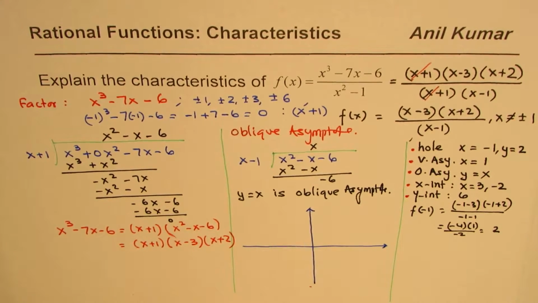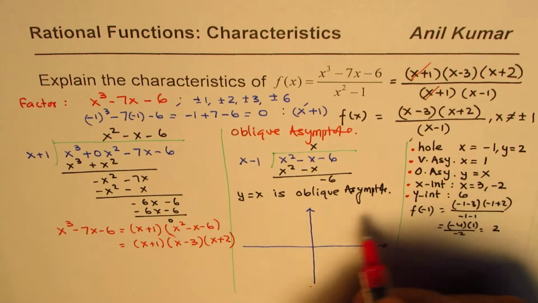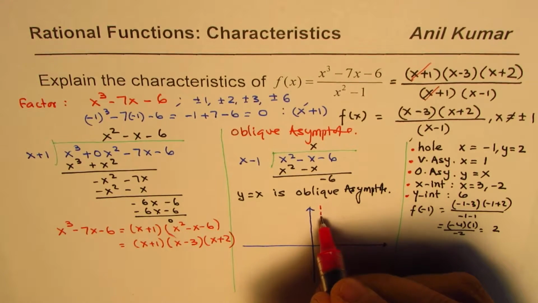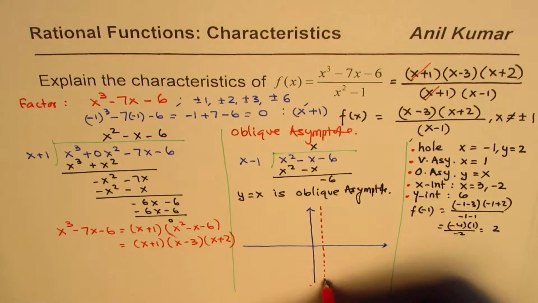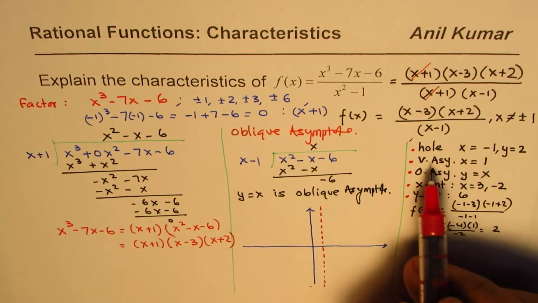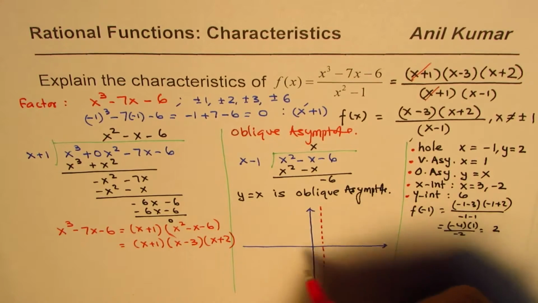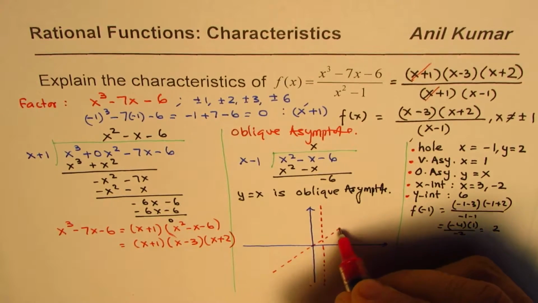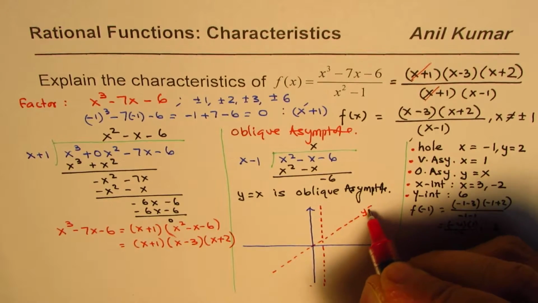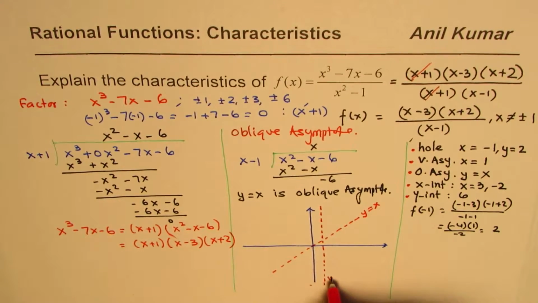We have a vertical asymptote at x equals 1, so let me sketch this. And then we have the oblique asymptote y equals x. So this is the oblique asymptote, y equals x, and this is x equals 1.